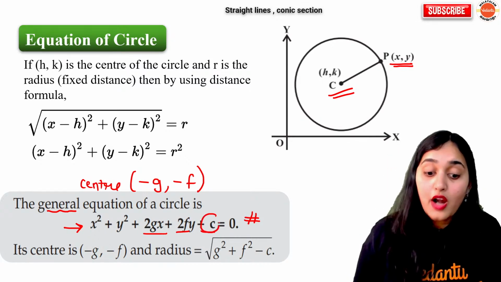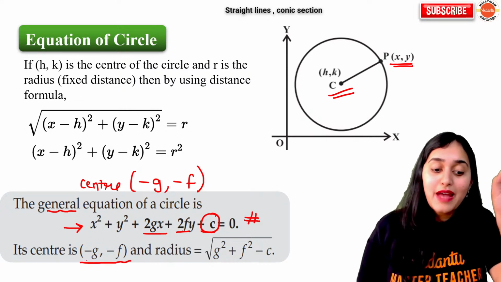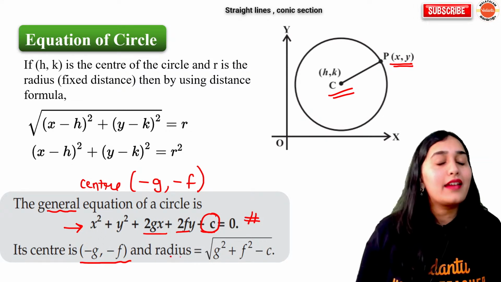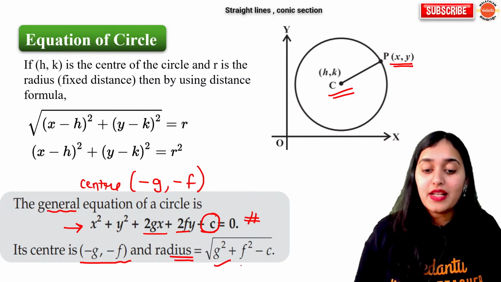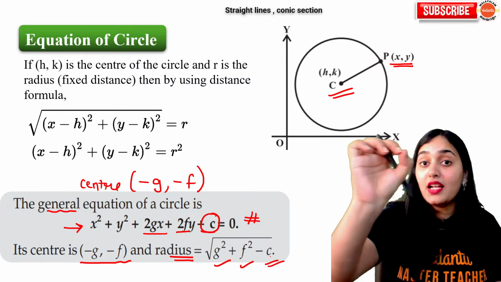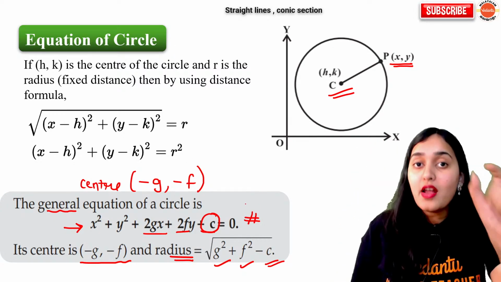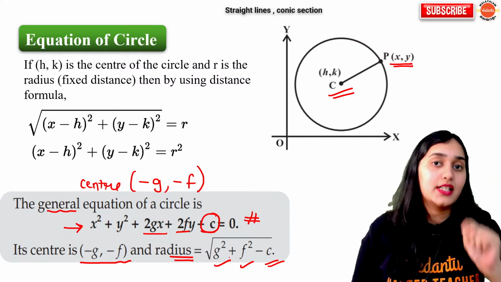Now what is the importance of c here? If you have the center of the circle as (minus g, minus f), then the radius of the circle is the square root of g square plus f square minus c. So c is not denoting any particular thing here. c is just a constant value that helps you calculate the radius of the circle.